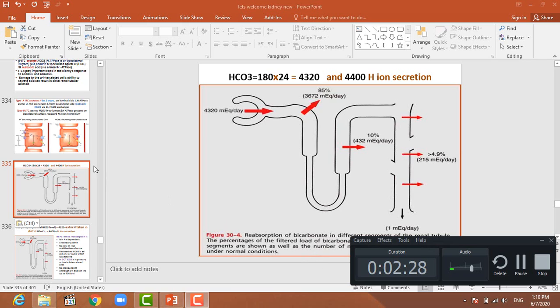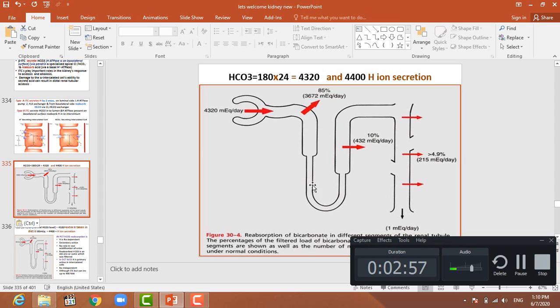So, what is meant by reabsorption, or how is the bicarb reabsorbed in our body? Let's see this diagram. In this diagram you will see that approximately 4320 milliequivalent of the bicarb is filtered out. Of the filtered bicarb, 85% is reabsorbed in the PCT.